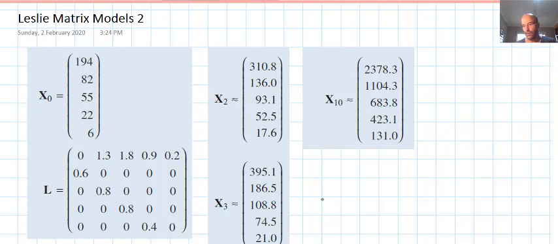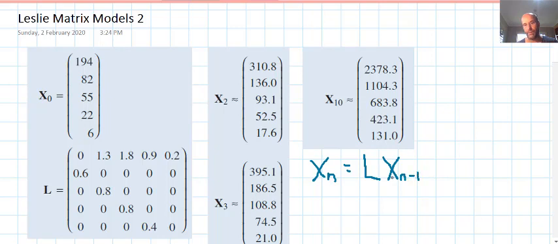So what we saw in the previous video was, to get in year or time period n the population vector x, we get the Leslie matrix, and we look at a previous year, and let's call that x sub n minus 1.